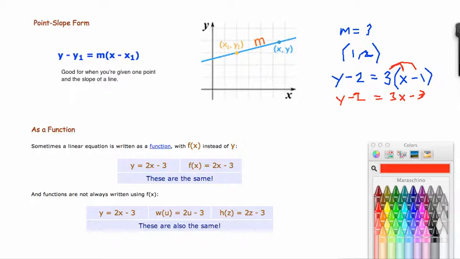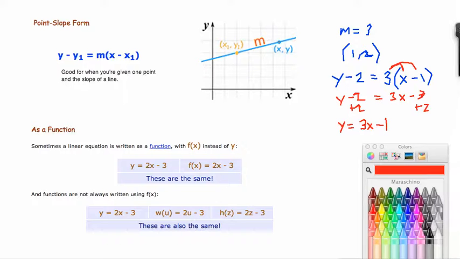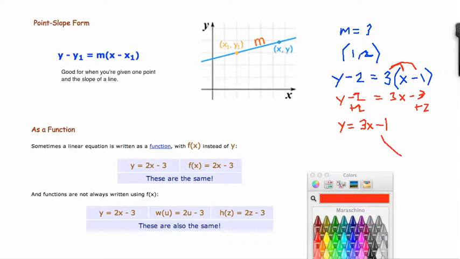Then add 2 to both sides. So y equals 3x minus 1. This tells us that our y-intercept for this line is going to go through (0, -1).